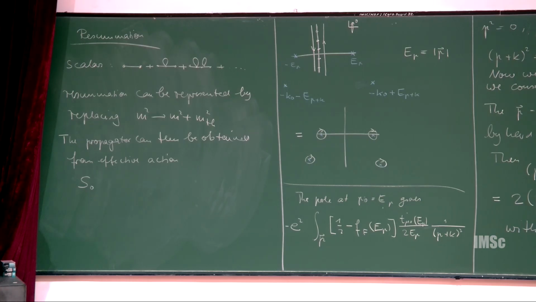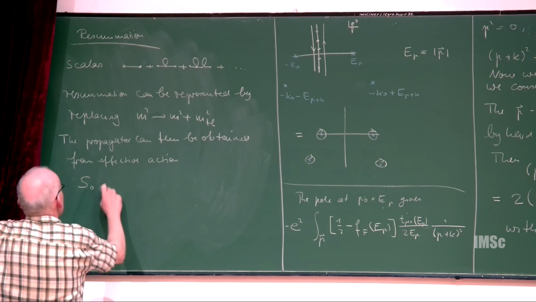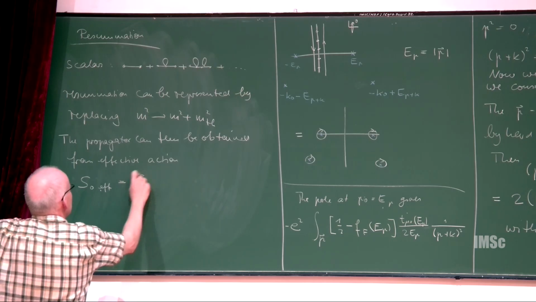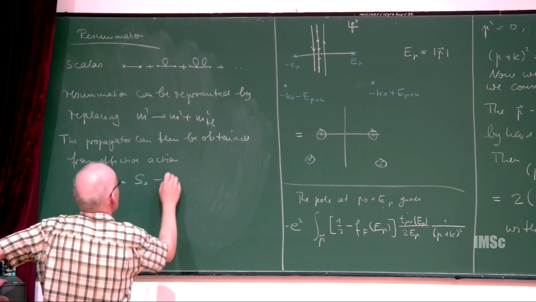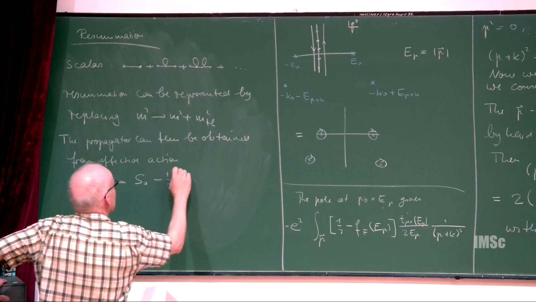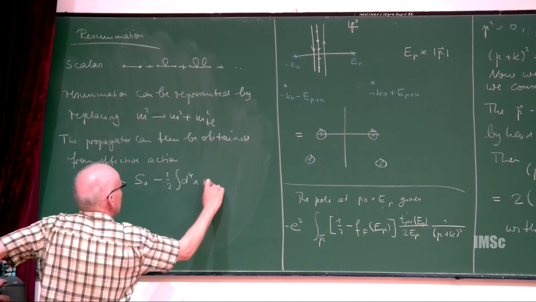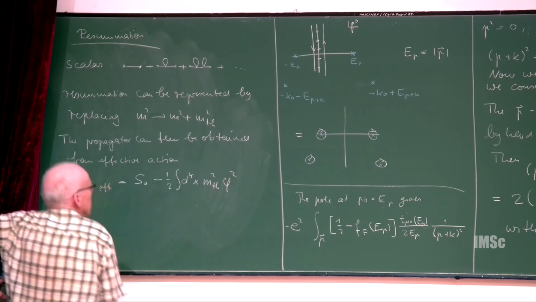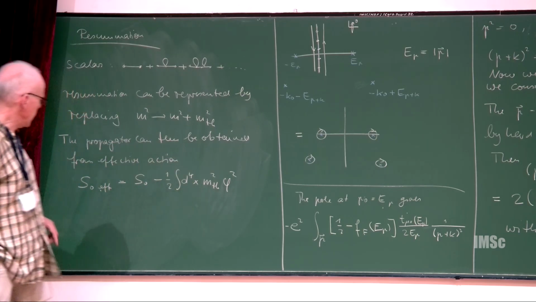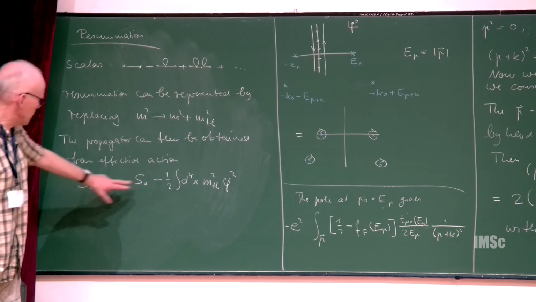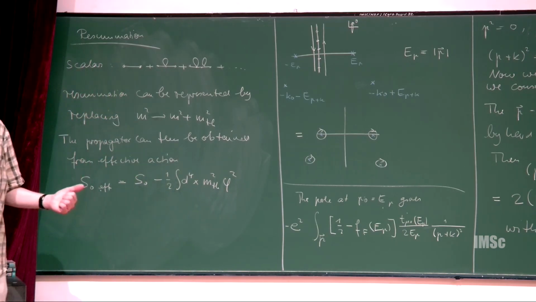This is what I denoted by S naught. Now we use the effective action without further interactions, which is the tree-level action, plus the new term, which represents the mass term: integral d^4x, thermal mass squared times phi squared. This is just a term in the Lagrangian corresponding to a mass, and we can do the resummation by using not just the usual action, but the usual action plus this thermal mass term.